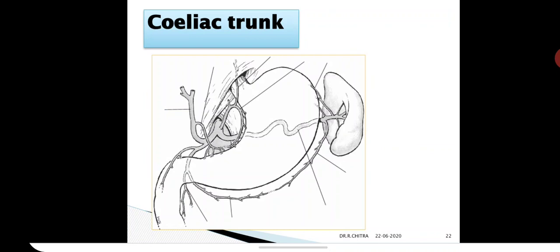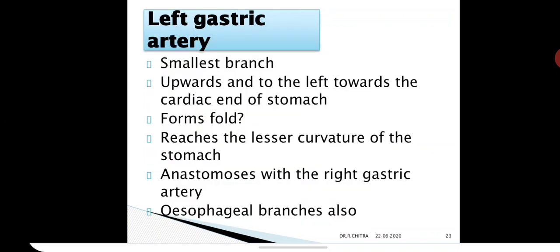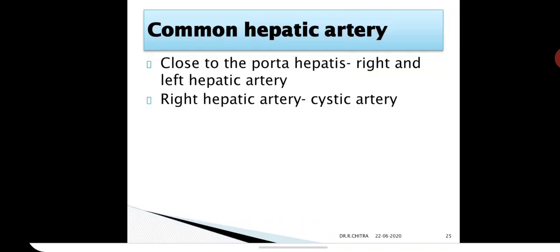After giving these two branches, it forms that fold and enters the right free margin of lesser omentum. So gastroduodenal artery, are you seeing? Then the right gastric artery. After that it will be called the hepatic artery proper. Close to the porta hepatis, it will divide into right and left hepatic arteries. The cystic artery will arise from the right hepatic artery.